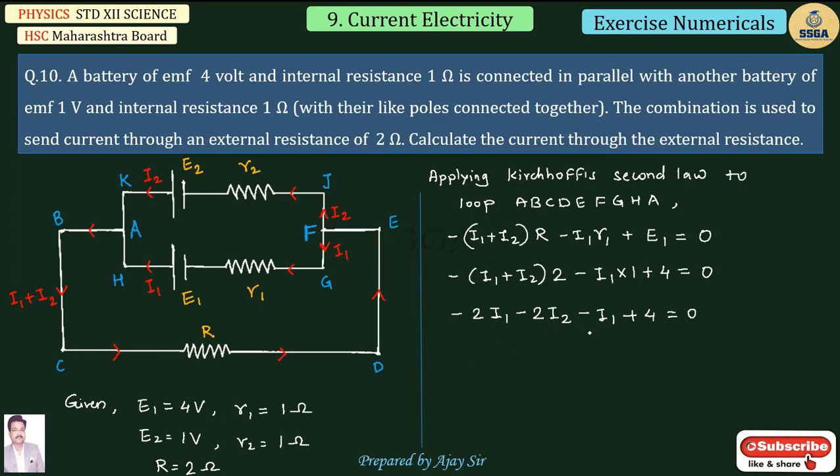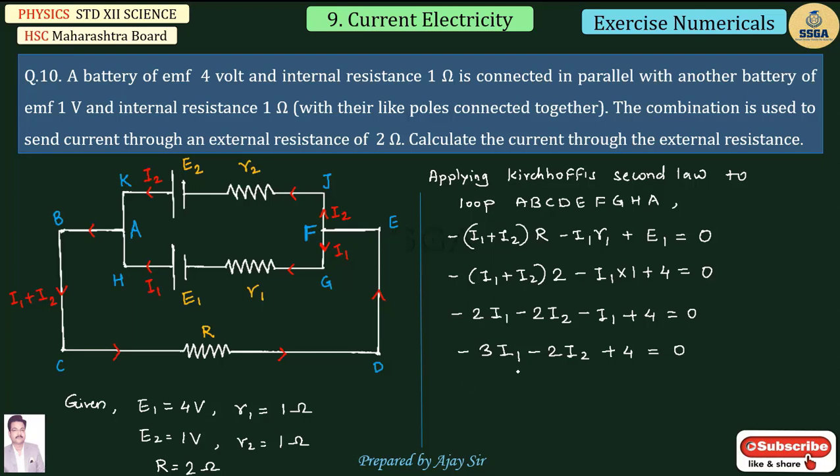Now we add or subtract like terms. Here the like terms are minus 2 I1, minus 2 I1 and minus I1, so this becomes minus 3 I1 (with the bracket terms combined), and this term is alone, minus 2 I2, plus 4, which is equal to 0.